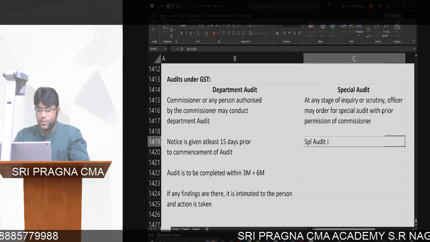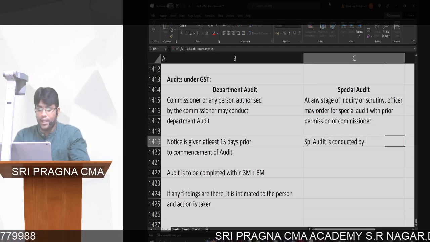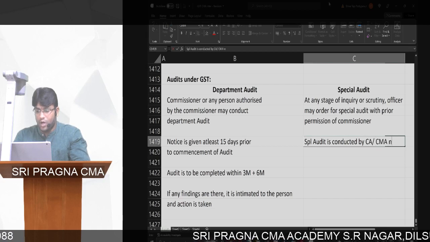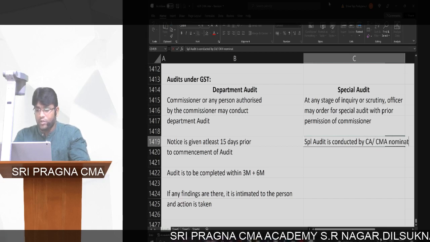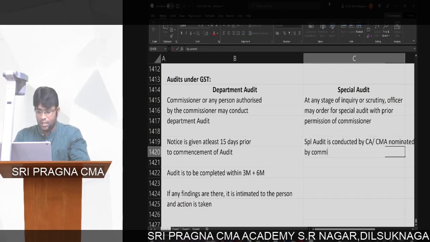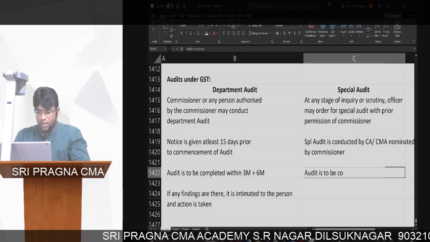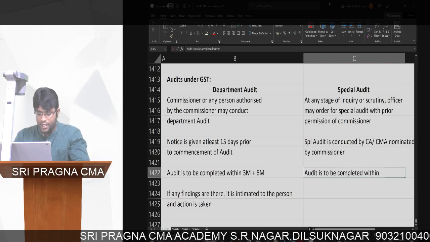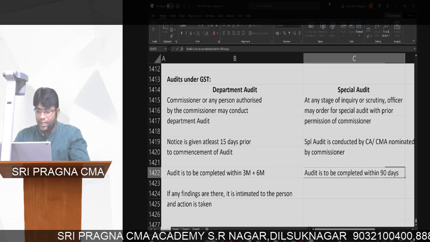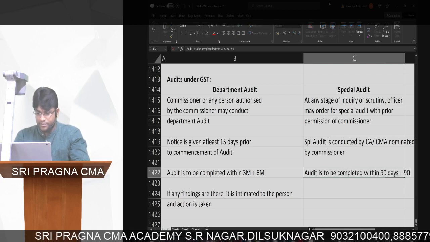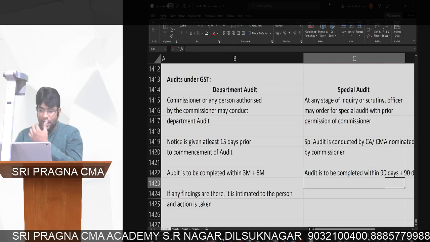Next one, special audit is conducted by a CA or CMA nominated by the commissioner. Audit is to be completed within 90 days plus 90 days.